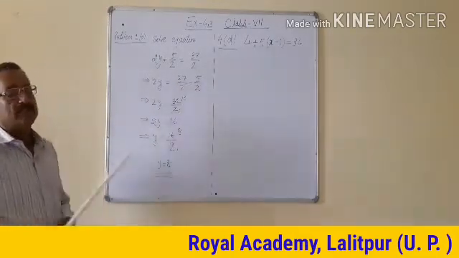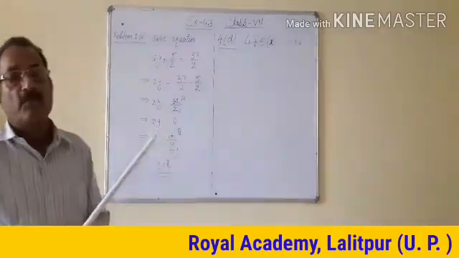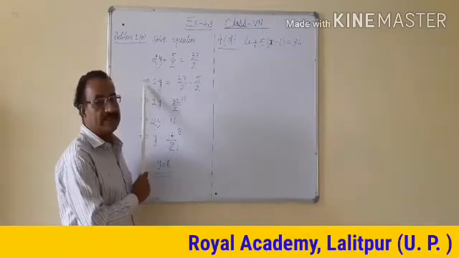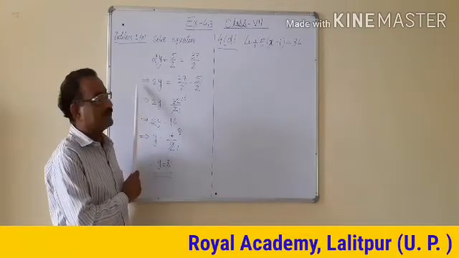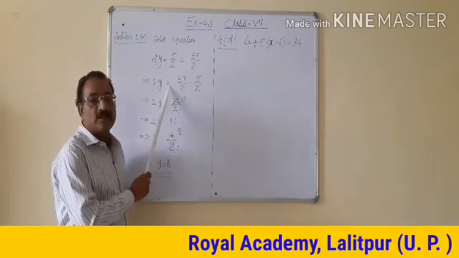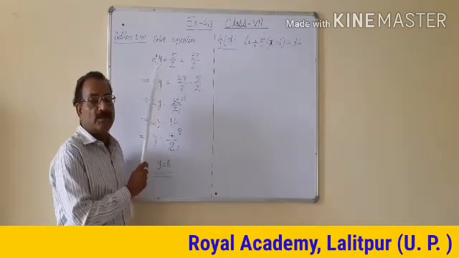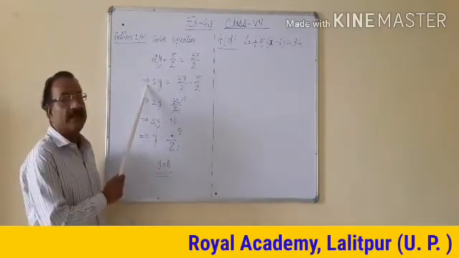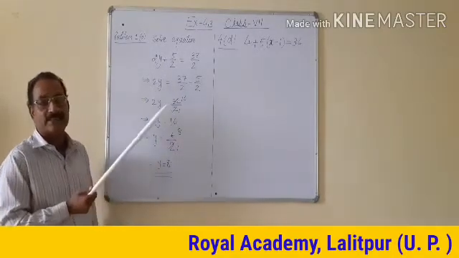Children, keep in your mind, when we solve any equation, we use this sign. This is called the implies sign. And this is called the equal sign. Whenever we solve the equation, we use the implies sign for the next step.